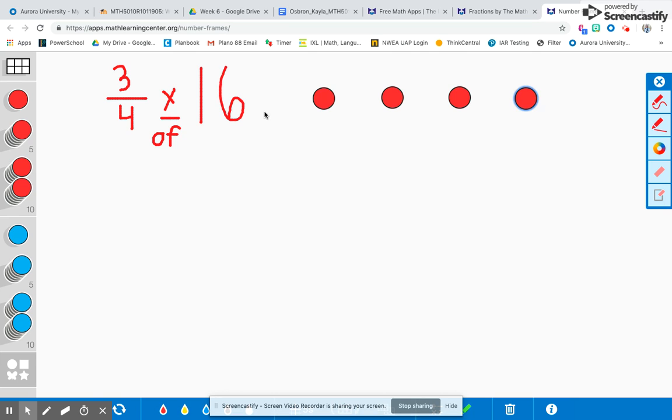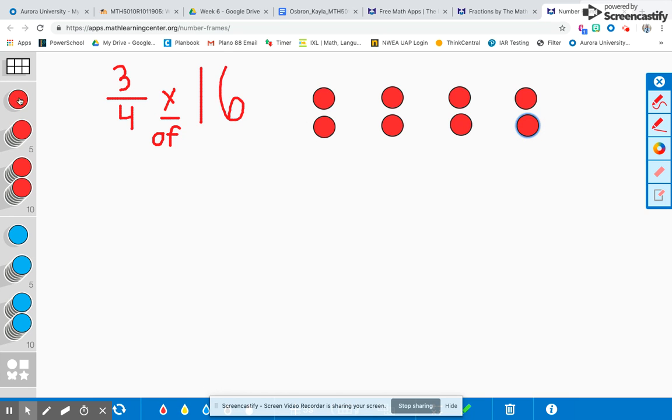My problem is telling me that I have 16 wholes, or in this case, I have 16 counters. So right now I only have 4 counters. So I'm going to keep adding counters until I get to 16. And I'm keeping them in my 4 groups because that's what the denominator of my fraction is showing us. I have 4 groups.